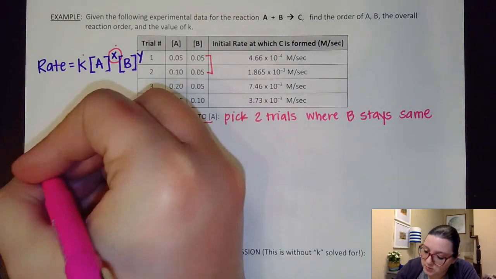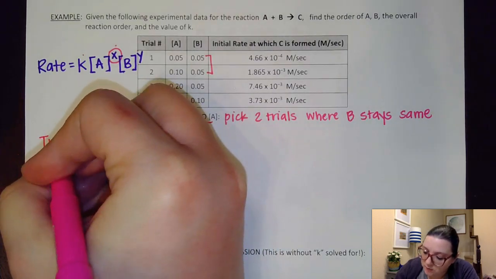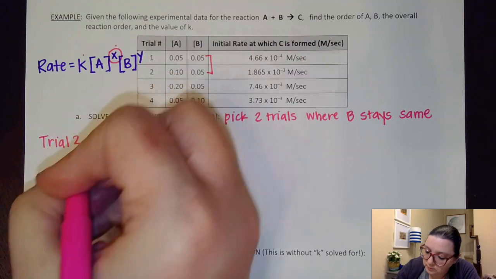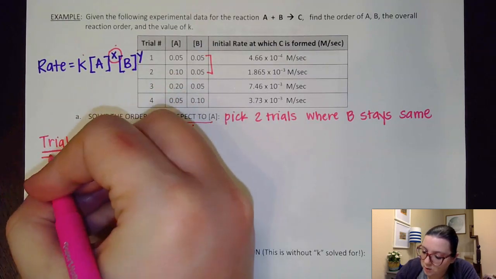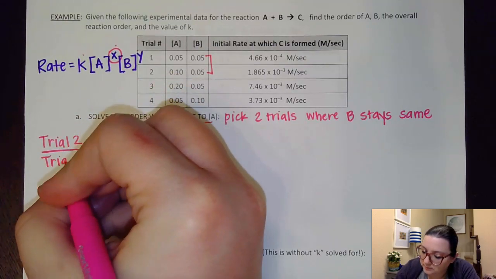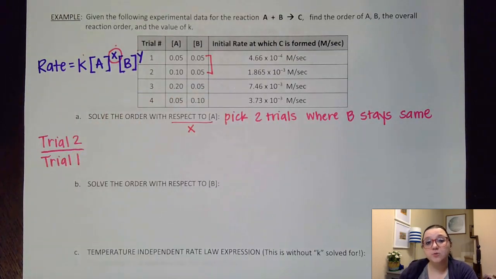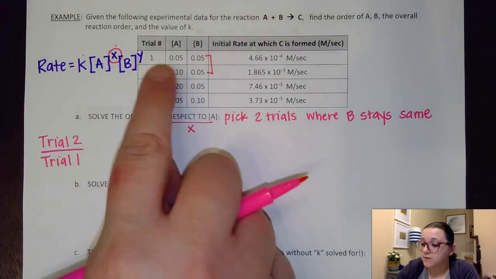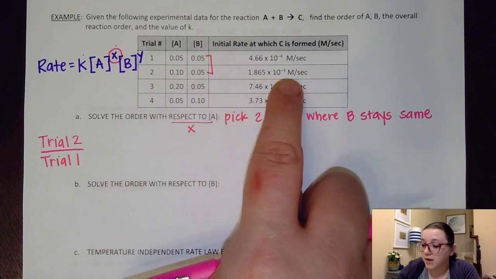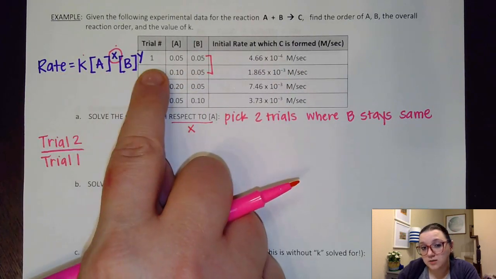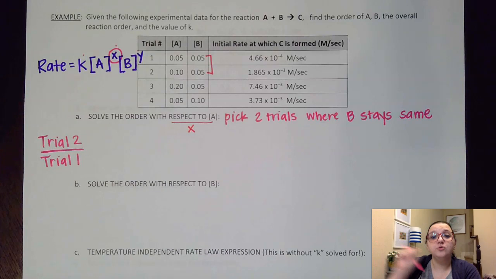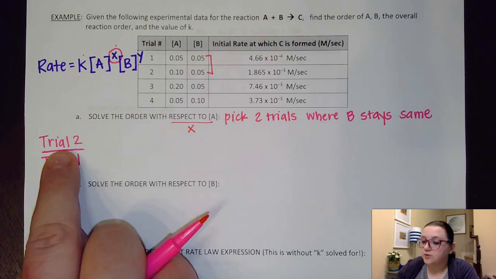And so I'm going to set a ratio of trial 2 over trial 1. And I'm going to plug in everything from these 2 trials into this rate law expression, but I'm going to set the 2 trials over each other. So first, let's plug everything into trial 2.